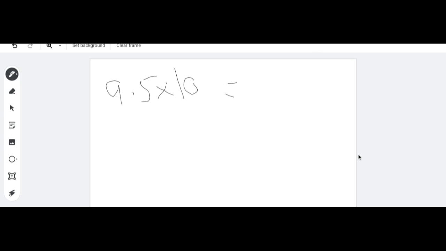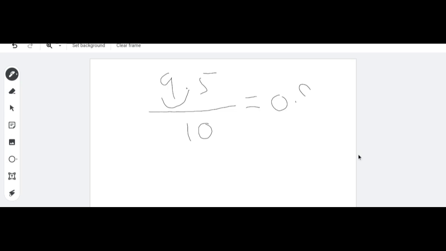Okay, what if I just move this point? For example, this is 9.5, na? If I move this point here, then what will it become? 95. 0.95. Yes, I just moved that point. What about that 0?